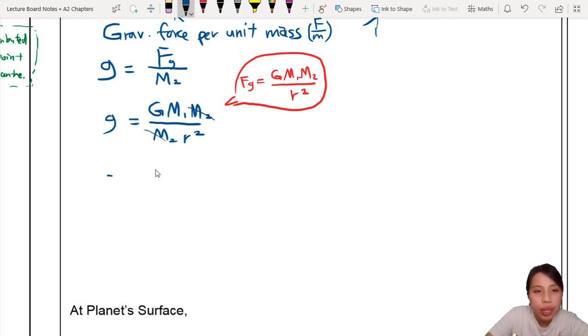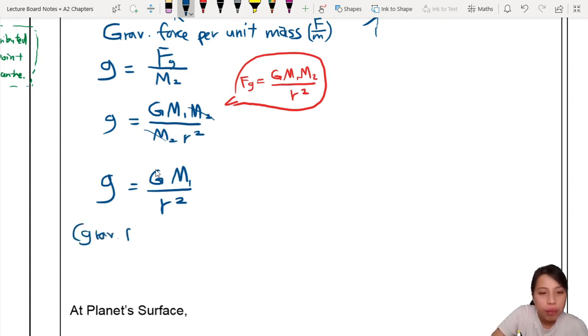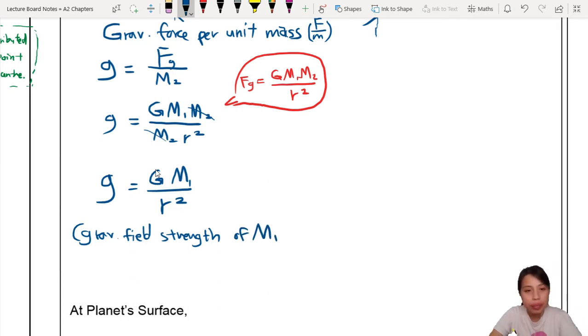That leaves us with G m1 over r squared. So that is how you can calculate the gravitational force per unit mass, or aka the gravitational field strength. Let's put a comment here. Gravitational field strength. Of what? Of m1, the big one.